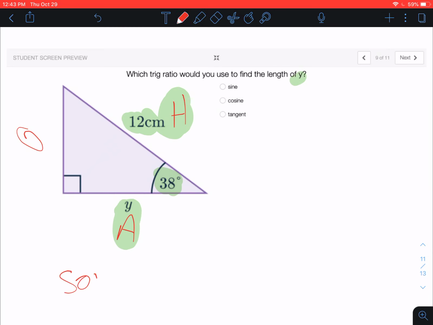So when I write down SOHCAHTOA, I want to find a ratio that includes both A and H. And in this case, we're going to be using CAH, which is the cosine. Okay, so because cosine is the ratio of adjacent to hypotenuse, which are the sides that I've highlighted, that's going to be the ratio that I would use to solve for the side length Y.